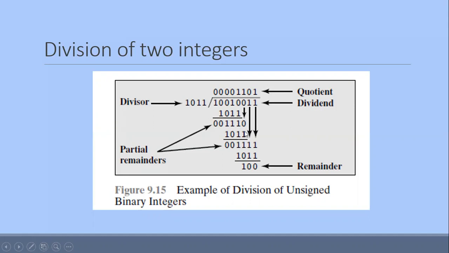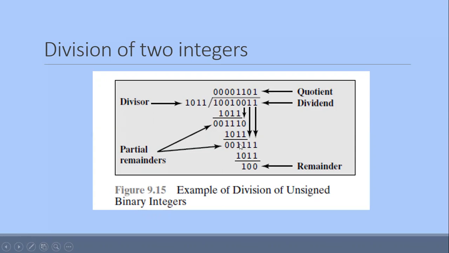Now perform the subtraction again here. 0 minus 1 will be 1, borrow 1. 1 minus 1 will be 0, and 0 minus 1 will again be 1, borrow 1. 1 minus 1 will be 0. 1 minus 1 will be 0. So this is the partial remainder generated.